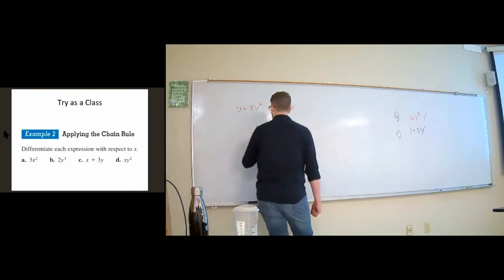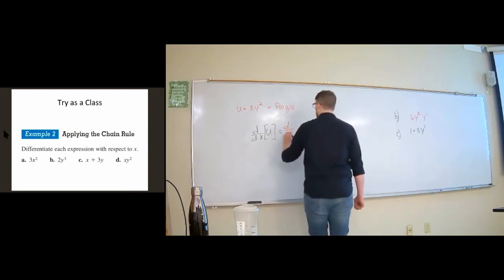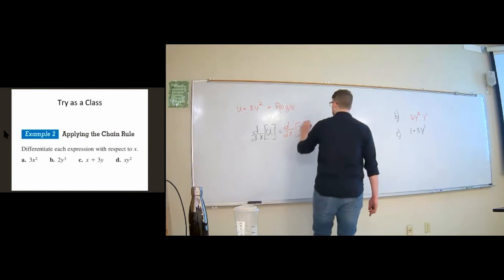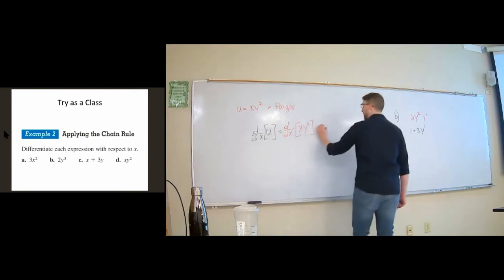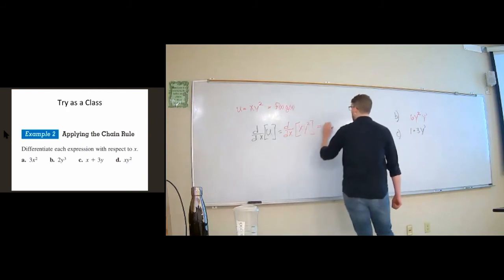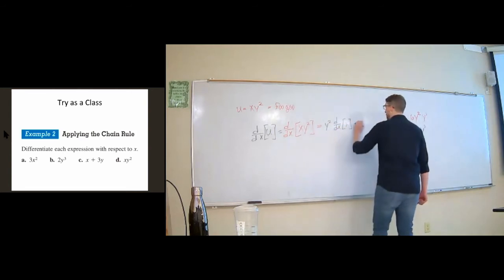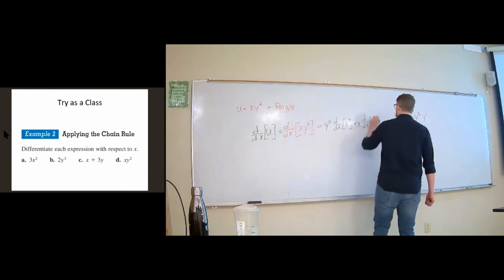Taking the derivative of u with respect to x is going to give us the derivative of x y squared with respect to x. We have to apply the product rule. So y squared times the derivative of x with respect to x, plus x times the derivative of y squared.